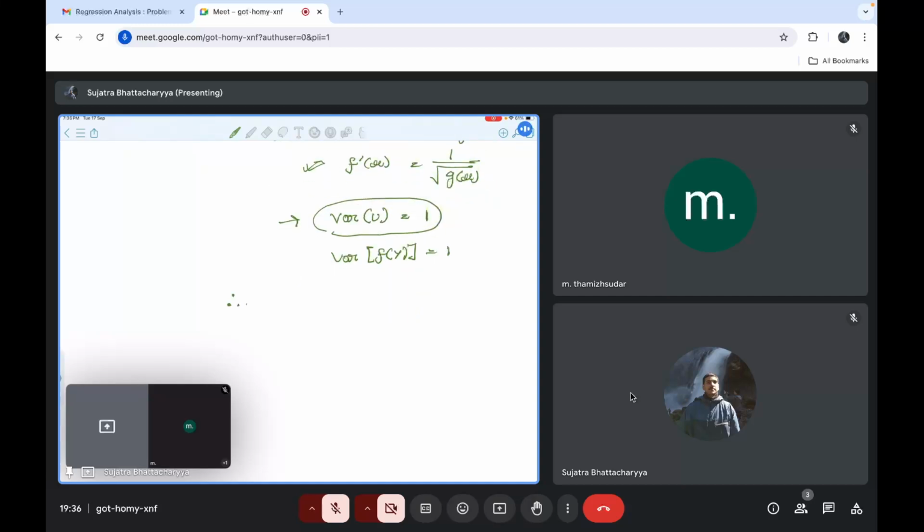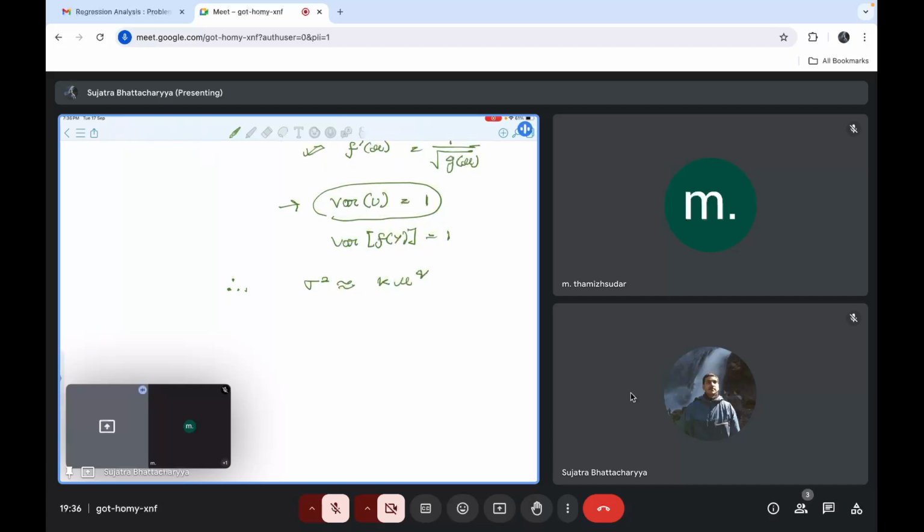So therefore, now if sigma square is of the order of k mu to the power q. Okay, if this is a generalized sigma square, which is a function of mu, you can see, then g of mu is what? k into mu to the power q.